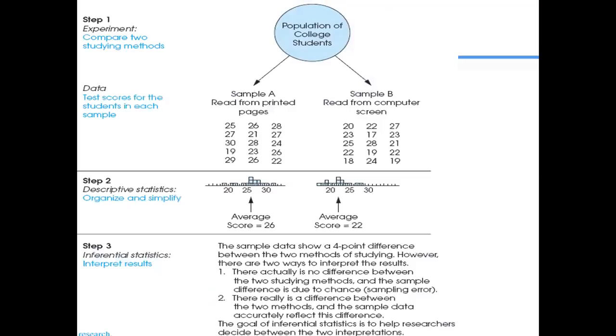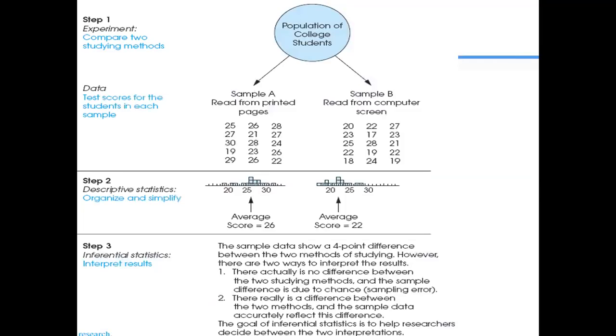So here's a diagram I really want to walk through. It walks us through the whole process of research. Okay, here we have a population of college students, and the research question is whether or not reading printed pages in a textbook is more or less effective than reading digital computer screen textbooks, digital electronic books.